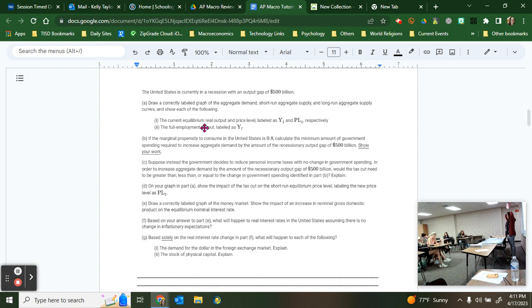Okay, so monetary policy changes interest rates, and they can change them on purpose, buying bonds, open market operations, whatever.